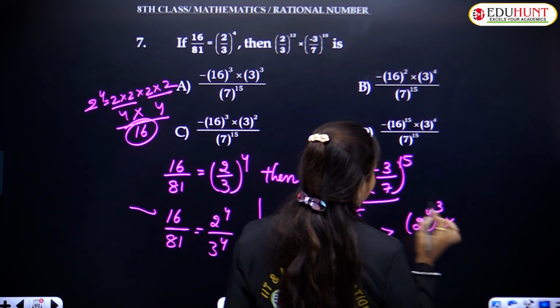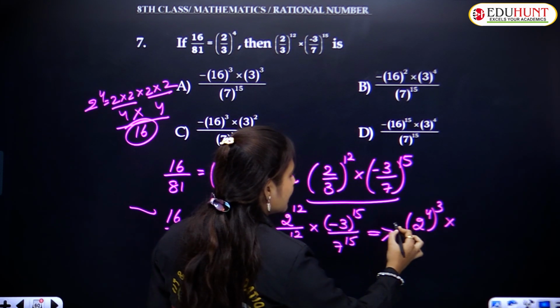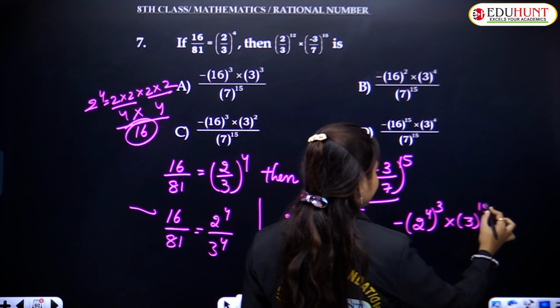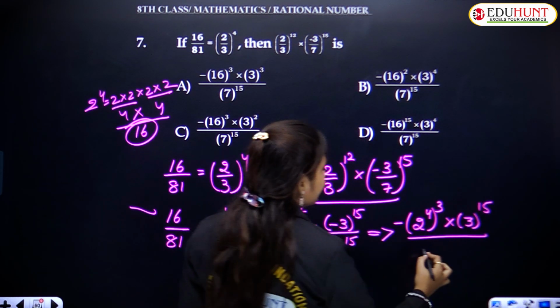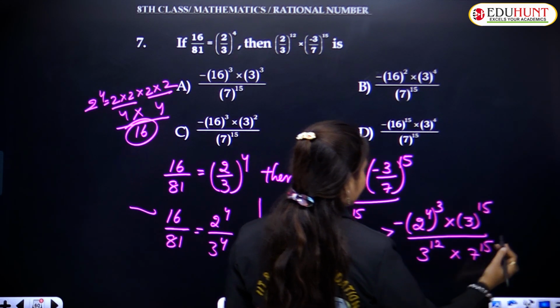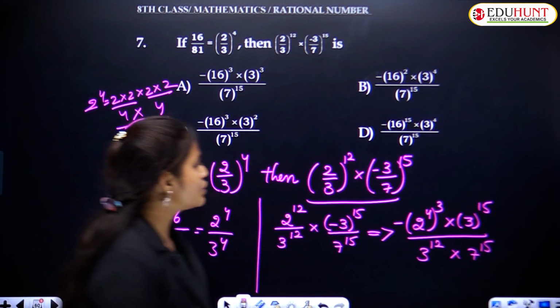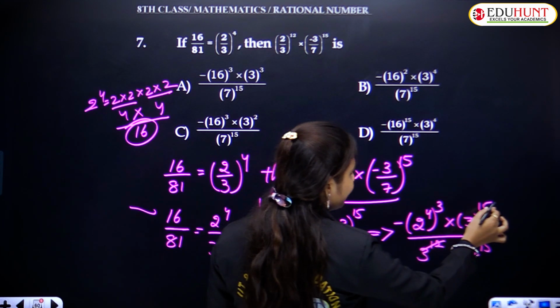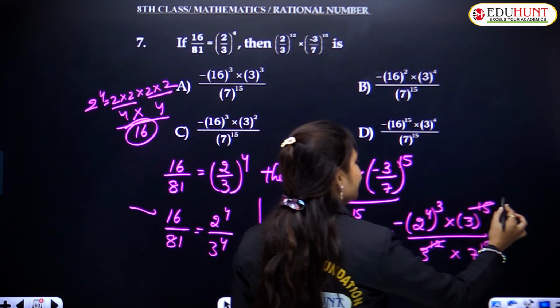Into, here minus is there, so we can write that minus here. So 3 power 15 by 3 power 12 into 7 power 15. Here 3 power 12 is there, and 15 times there, so still left over 3 times.